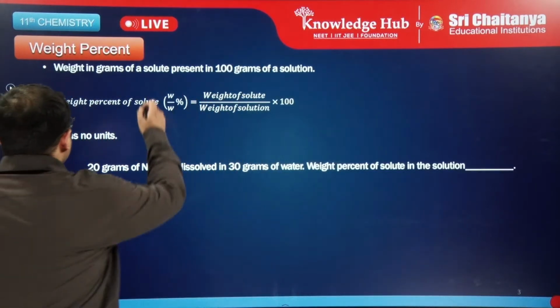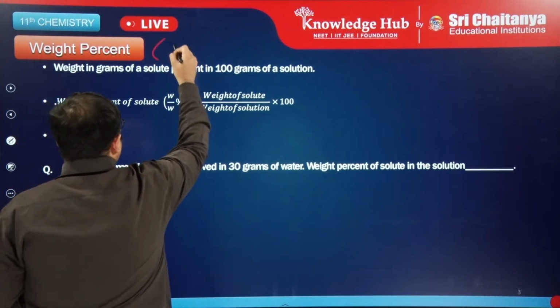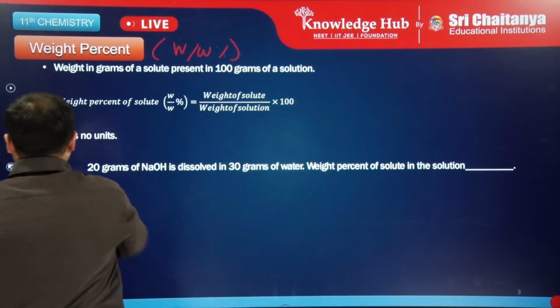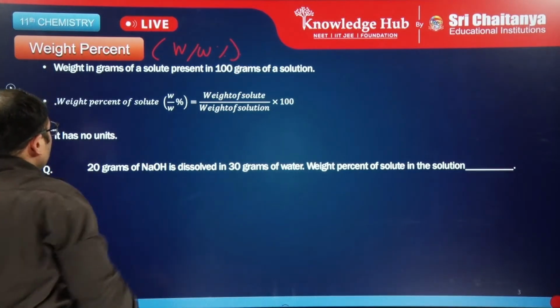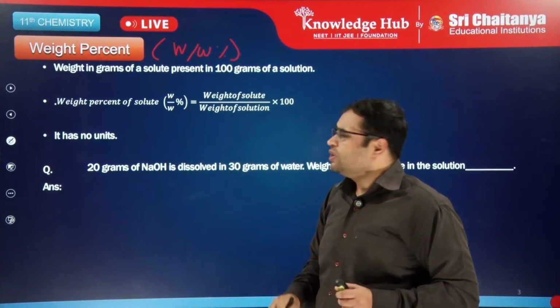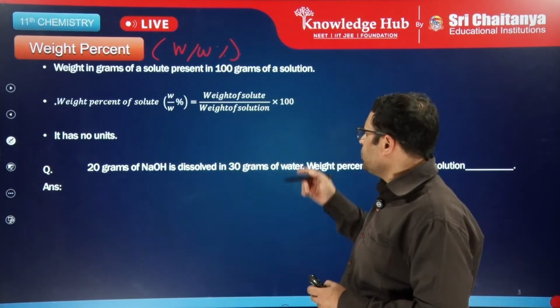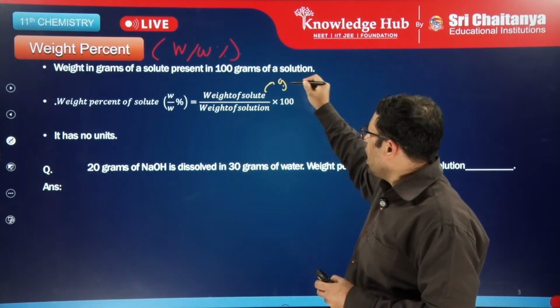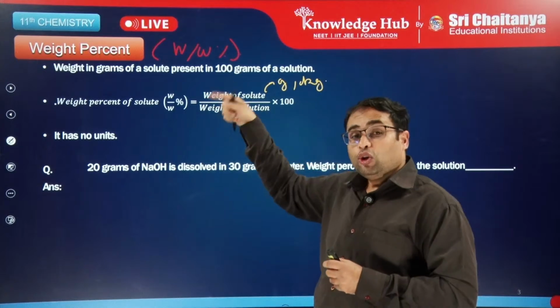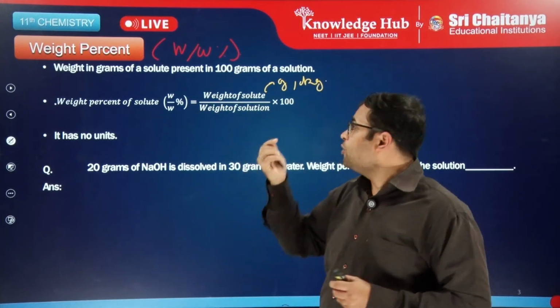Right. Weight percent. You can write it like this also, W by W percentage. What is weight percent? Simply, it is the weight of solute divided by weight of solution. Now, this weight can be in grams, it can be in kgs. But remember, both the numerator and denominator must be in the same unit.